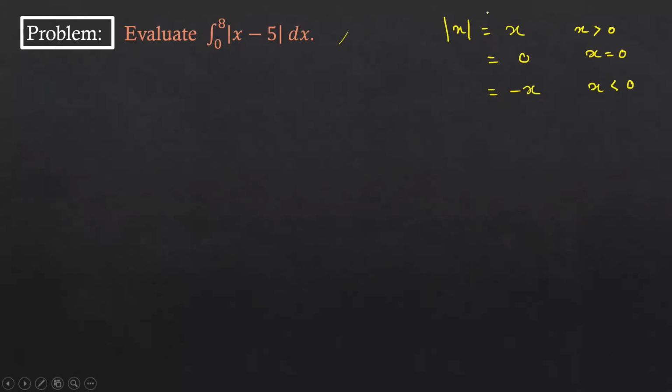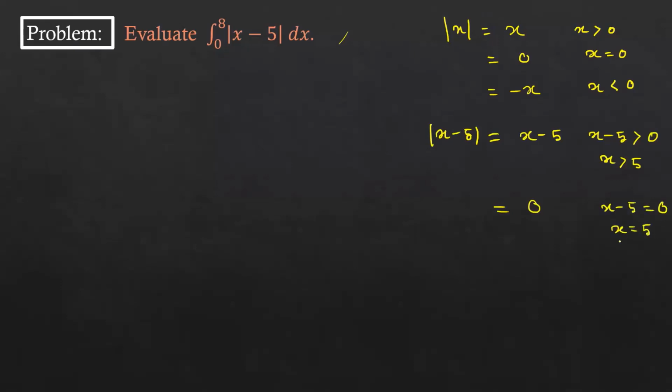Okay. Is there any doubt? What is the modulus function? So in the modulus function, there are 3 types of nature. And here also we have modulus of x minus 5. So x minus 5 will give you the same x minus 5 if x minus 5 is greater than 0, if this is a positive term, that means if x is greater than 5. And this will give you 0 if x minus 5 is equal to 0, that means x equals 5.